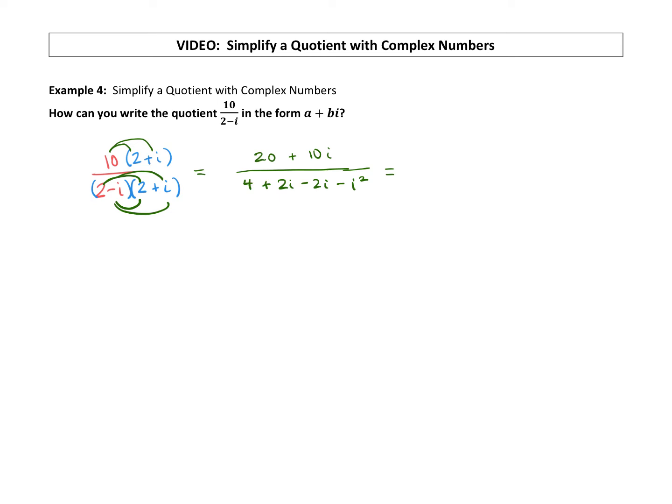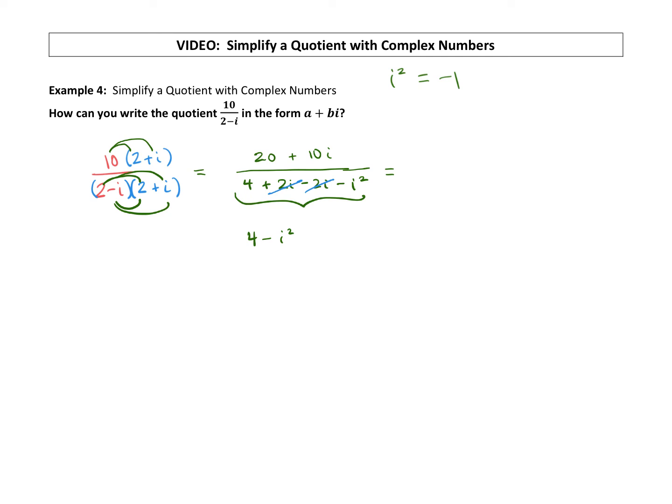Okay, so it's the denominator where we can clean this up. Maybe I'll just say, let's focus on the denominator, and then we'll put our answer off to the right. We have our 4, but then we have that plus 2i minus 2i. The plus 2i minus 2i do cancel each other out, and then we just have minus i squared. Now, if we remember from a previous video, we defined i squared to equal negative 1.